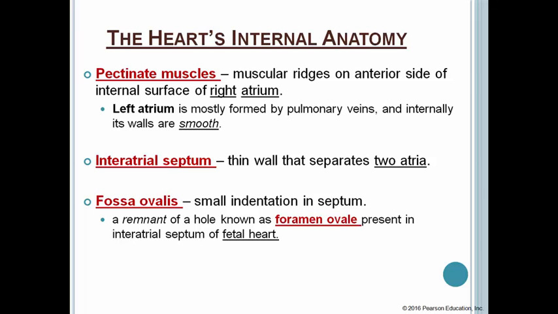It's in the amniotic fluid, so it has a hole in between the right and the left atrium known as the foramen ovale. So the interatrial septum has this hole, so as an adult it winds up growing over and you have a small indention, which is the remnant left over of the foramen ovale, and it's known as the fossa ovalis. The fossa ovalis is found in the interatrial septum.